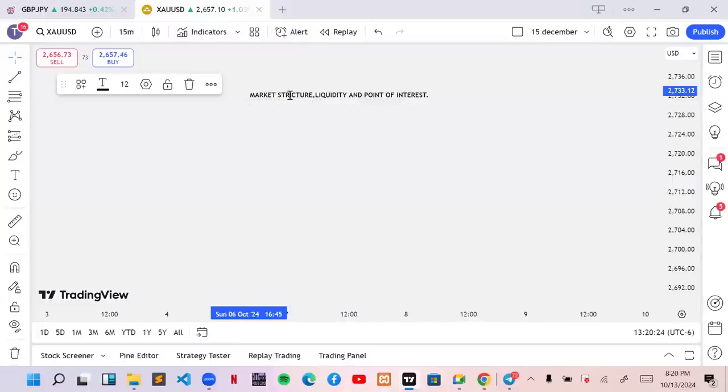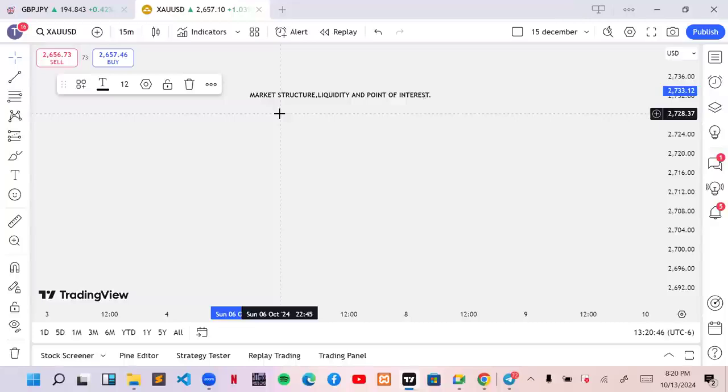That's my strategy. When I open up my charts, the first thing I look out for is the market structure. Second is my liquidity, and the third is the point of interest. That's the only three things I pay attention to when I open up my charts. So I'm going to take market structure first, then liquidity, then point of interest.